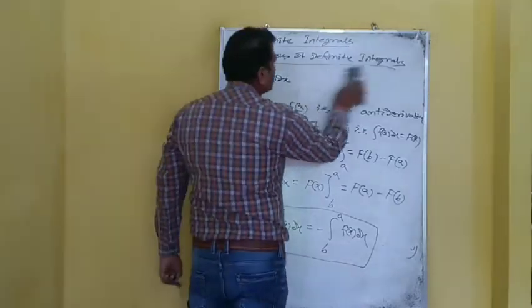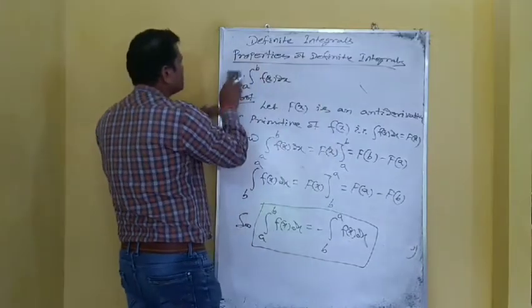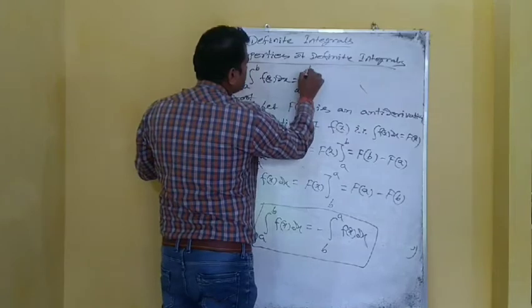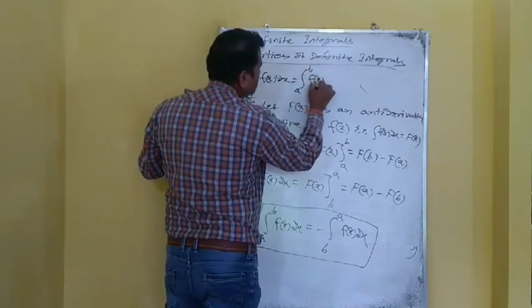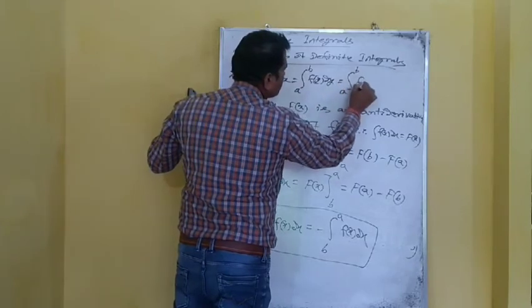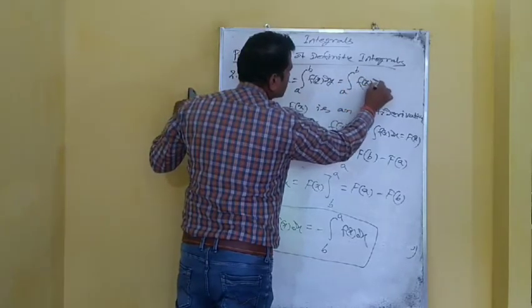The integral from a to b of f of x dx is equal to the integral from a to b of f of y dy, which equals the integral from a to b of f of z dz.